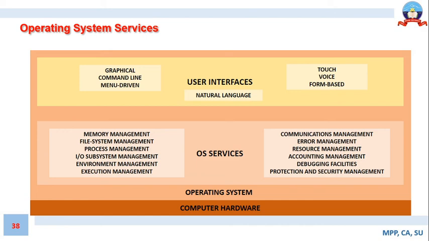In order to ensure that the user, through the user interface, is capable of availing the operating system services, we require system calls. System calls are capable of connecting the user interface to the operating system services. Through the system calls, the user will be able to interact with and avail the operating system services. So between the user interface and the operating system services, we have the system call.